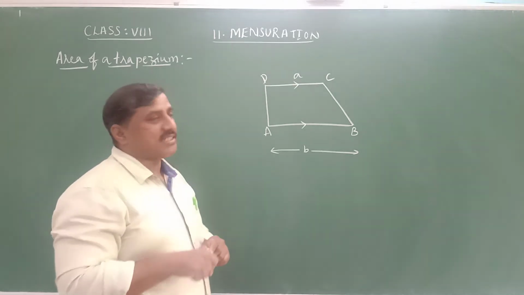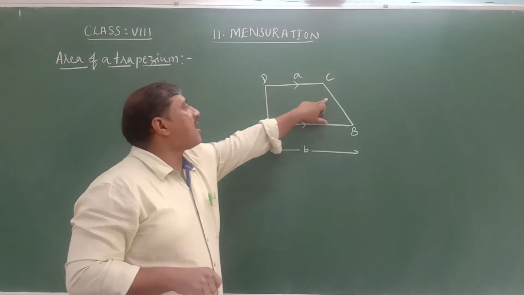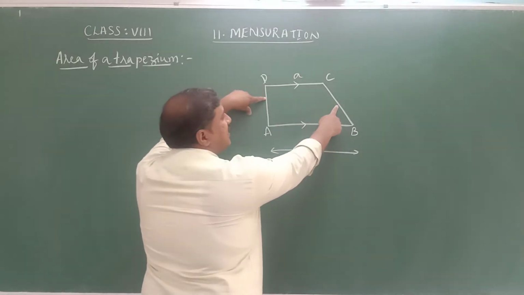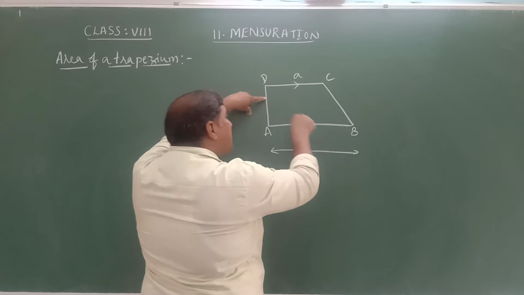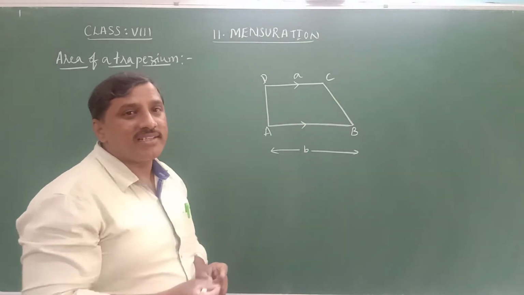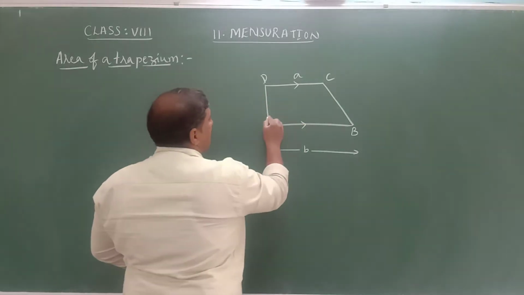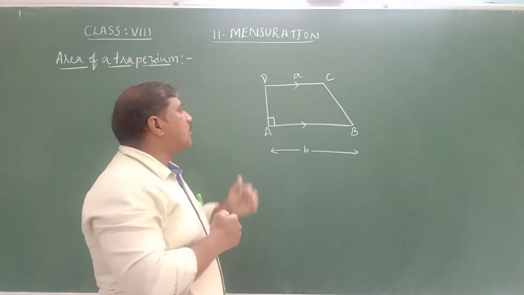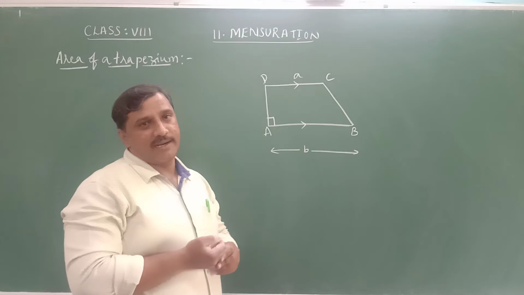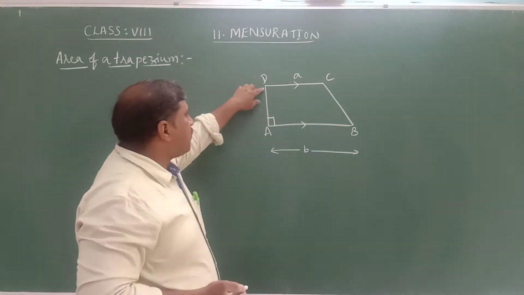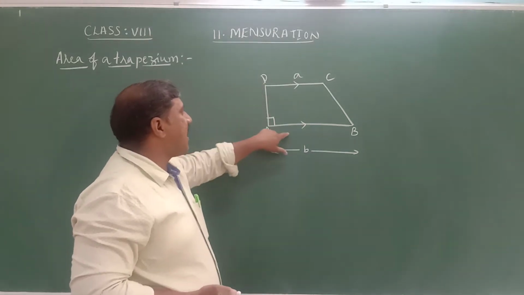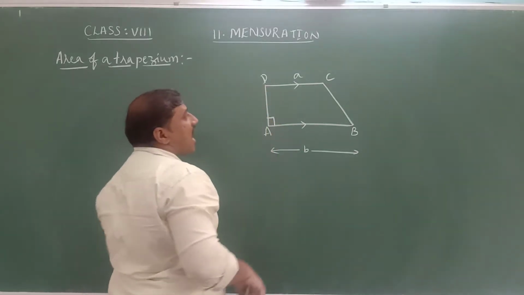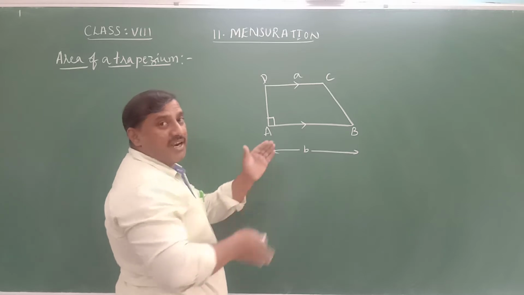Here AD and BC are the non-parallel sides, and if one of them is perpendicular to the parallel sides, how do we find the area of the trapezium? If AD is perpendicular to the side AB or the side CD, then we call AD the height or the perpendicular distance.